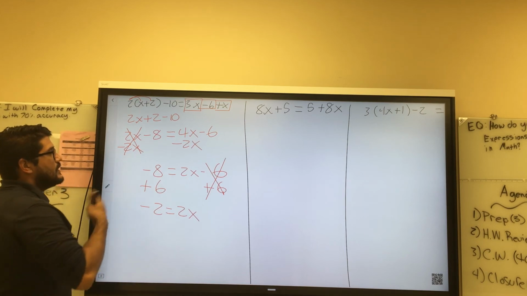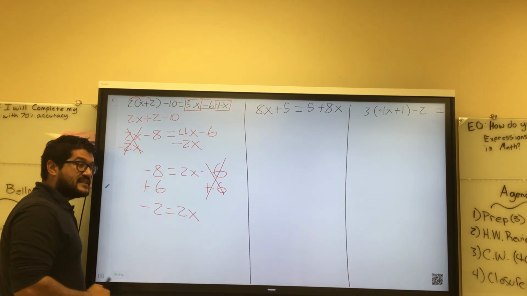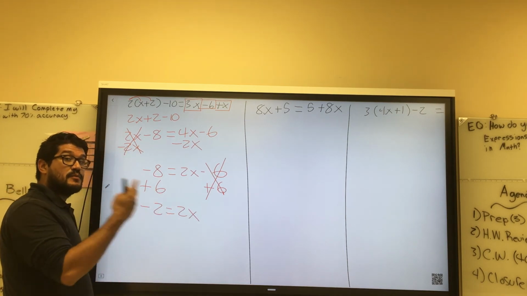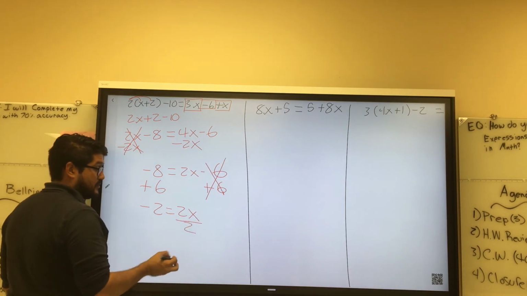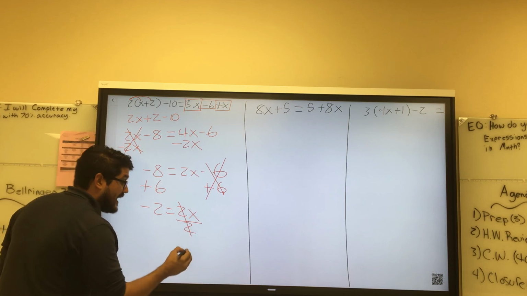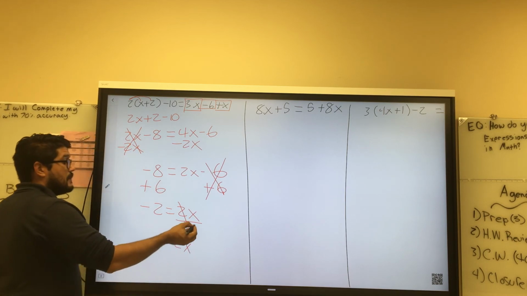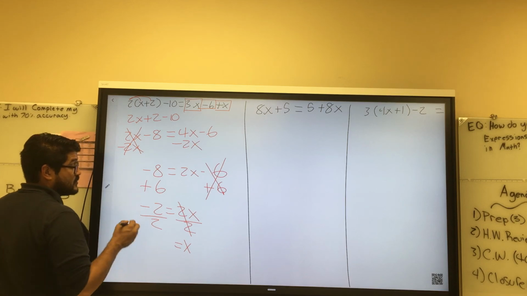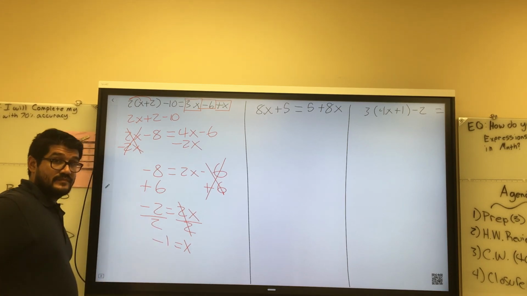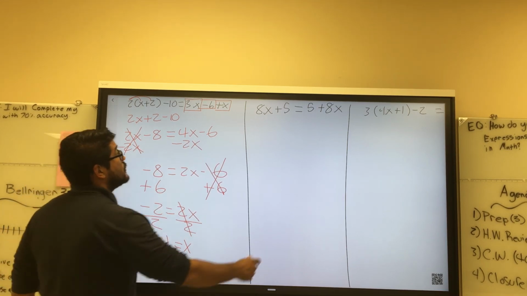Okay? Now, how do we leave the x by itself? We divide by 2 because they're multiplying. 2 and x are multiplying. So to get rid of it, we're going to divide by 2. 2 divided by 2 gives you 1x, which is written like this. But whatever you do to one side, you must do to the other. So we're going to divide this by 2, which will give us negative 1. All right, so far so good.